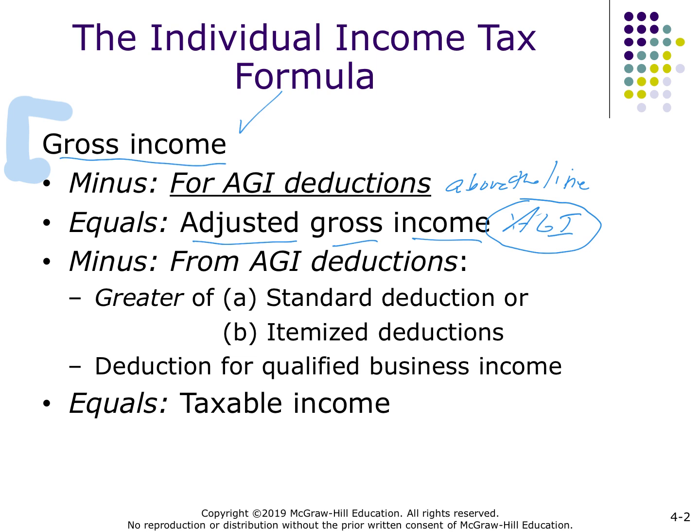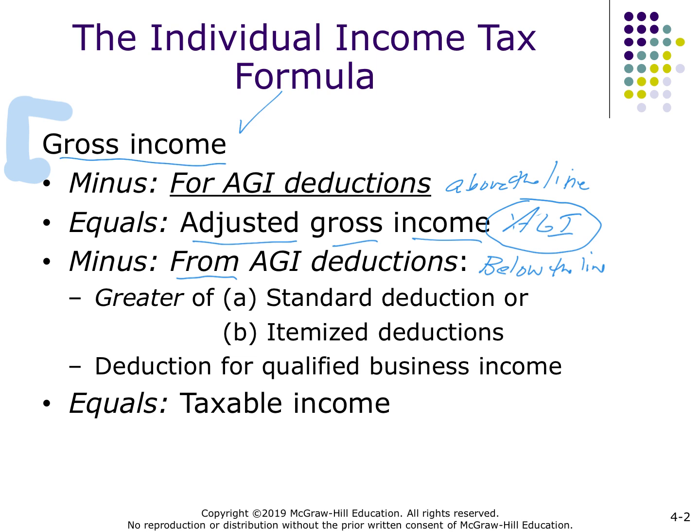So you have for AGI deductions that come before AGI and get you down to AGI. And then we also have from AGI deductions, okay? From AGI deductions are also called below the line. And when we look at a tax return form, you'll see what I mean by above the line and below the line, okay?